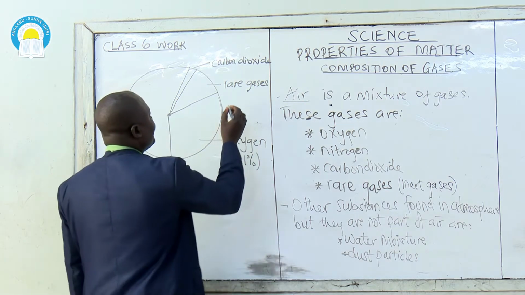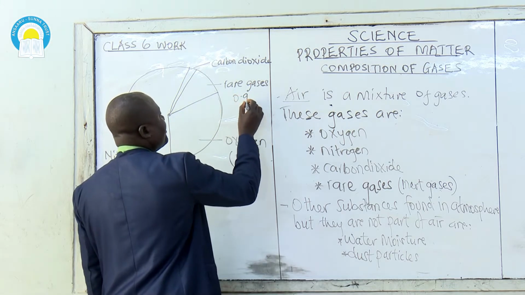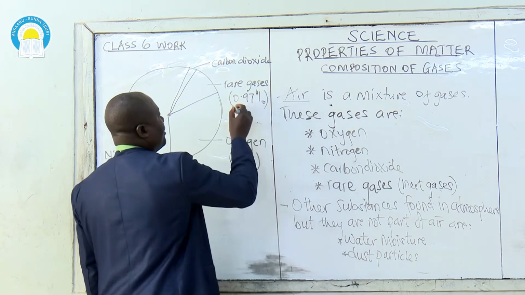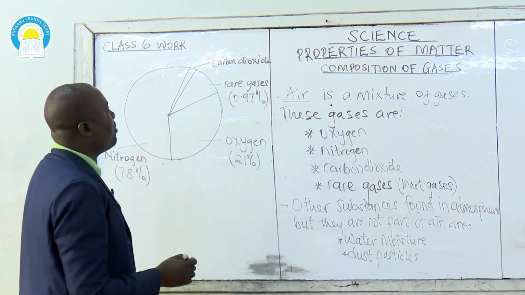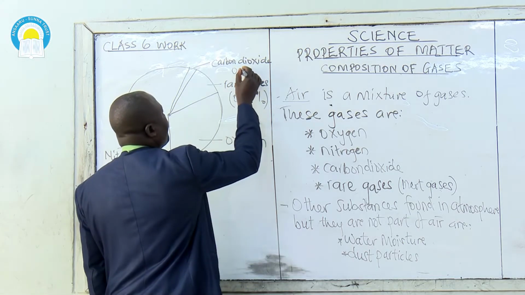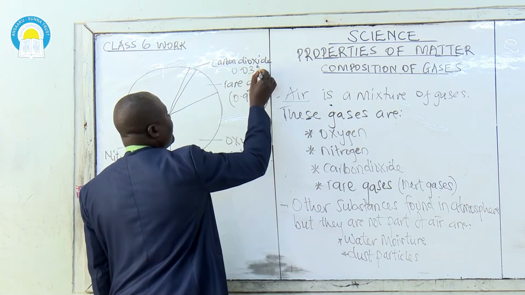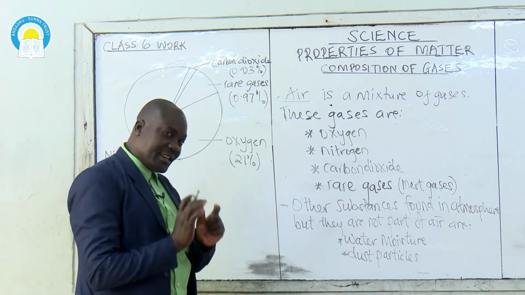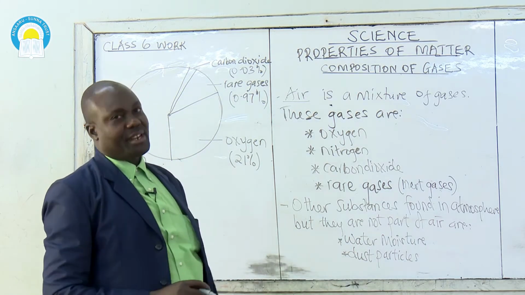Then rare gases is about 0.97% in volume. Then carbon dioxide is the smallest part, which is 0.03%. Remember, this is very, very important. Each type of gas is very important.